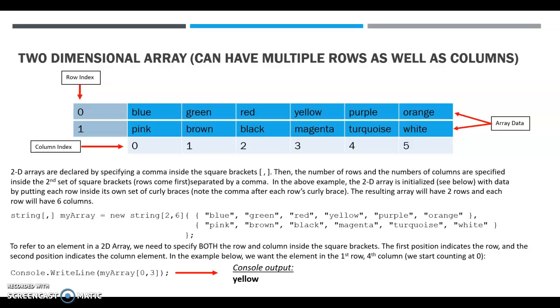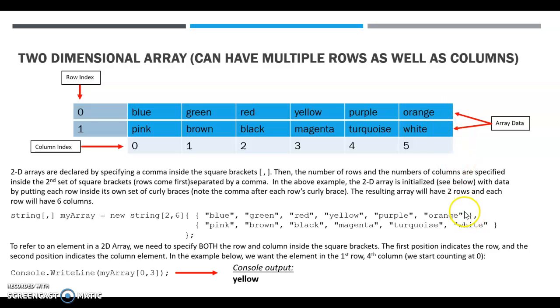If I decide to put data into this, I am going to use a set of outside curly braces, and inside those curly braces I'm going to specify each row in its own set of curly braces. You see that in the first row I have each piece of data separated by commas, in quotes, of course, because it's a string.